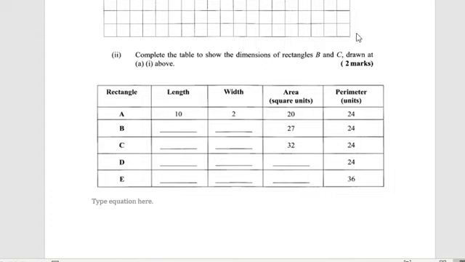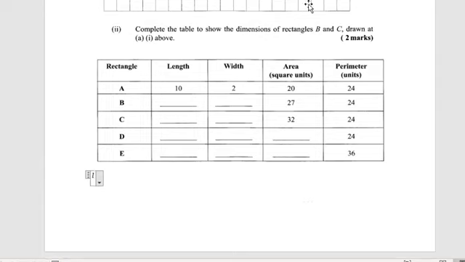So what we know is that for the area of a rectangle, it is length multiplied by width, and that will give us 27 for the first equation. So we're doing the one for B, so it will give us 27, and for perimeter, we know that the equation for that is 2 multiplied by the length plus 2 multiplied by the width. And what we'll get there is 24.